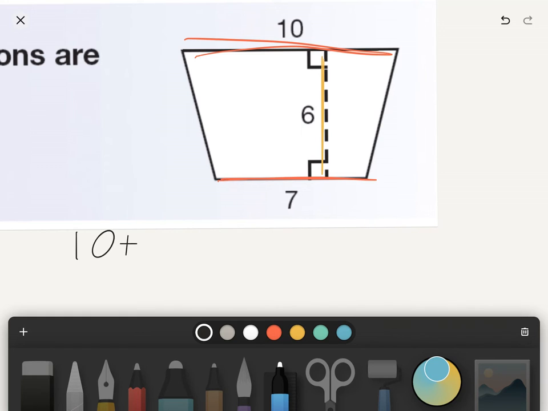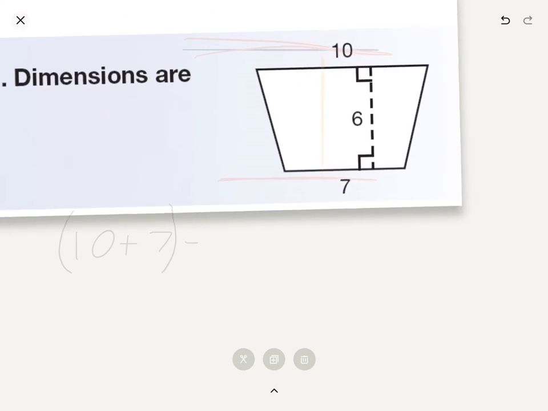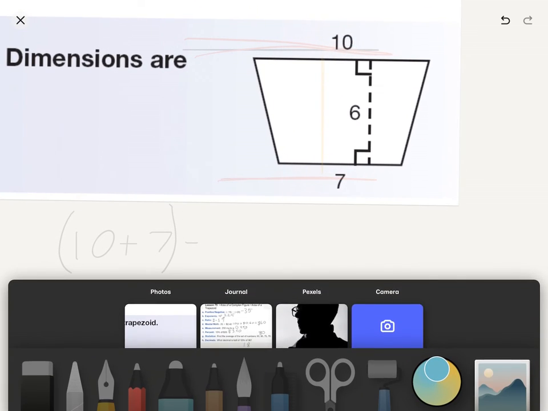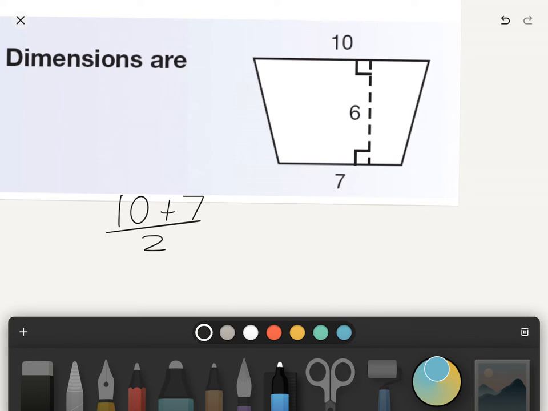10 plus 7, centimeters. So you've basically got 10 plus 7 divided by 2.